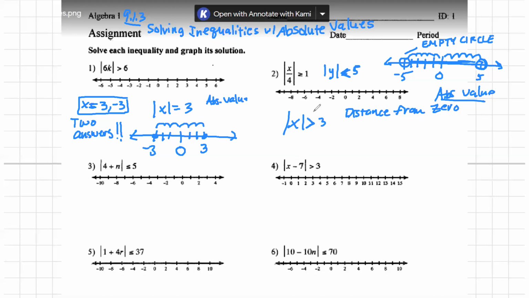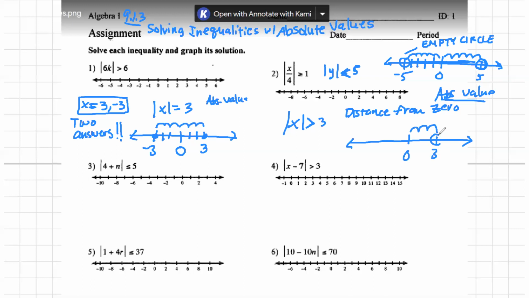Okay, so what about greater than 3? What if x is greater than 3? Hopefully you wrote that down. What numbers have a distance bigger than 3 units from 0? Here's 3.